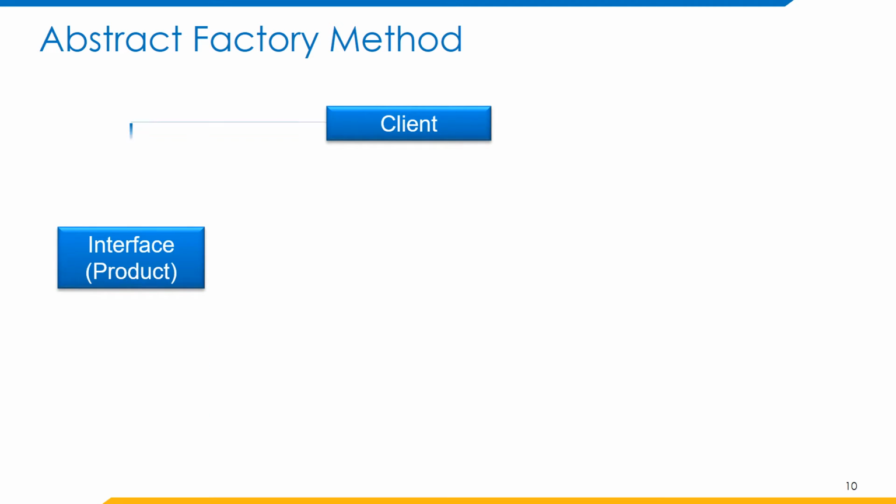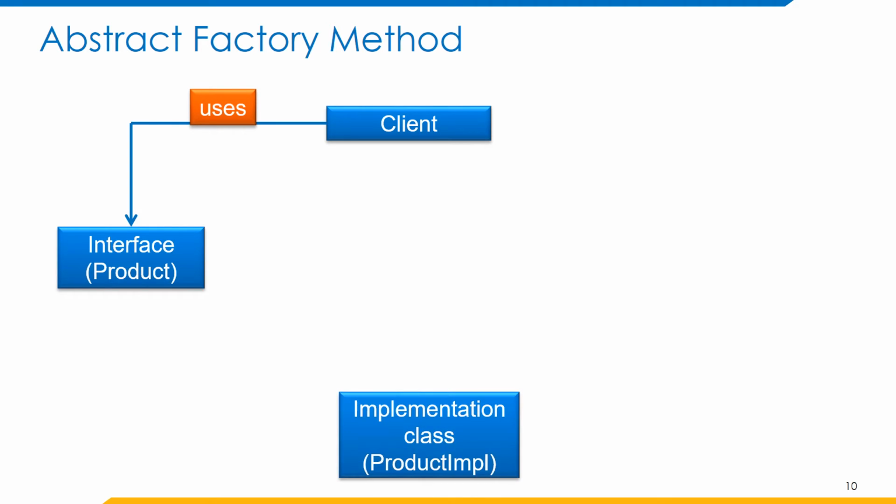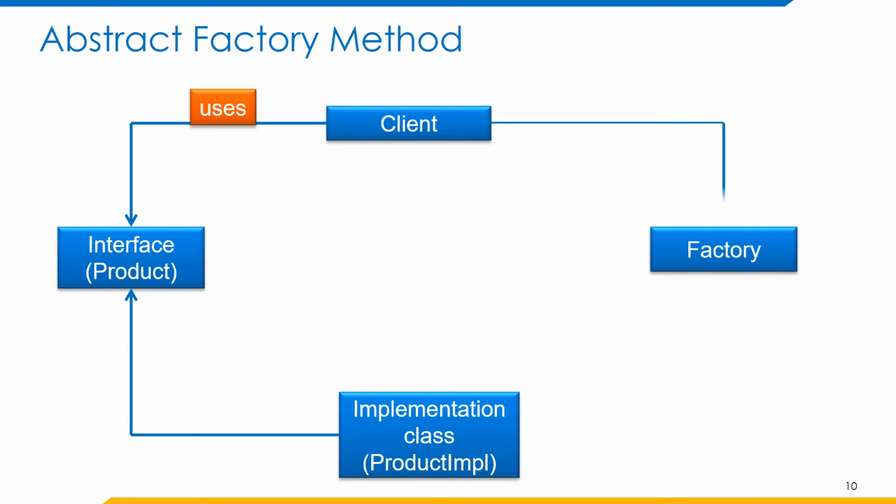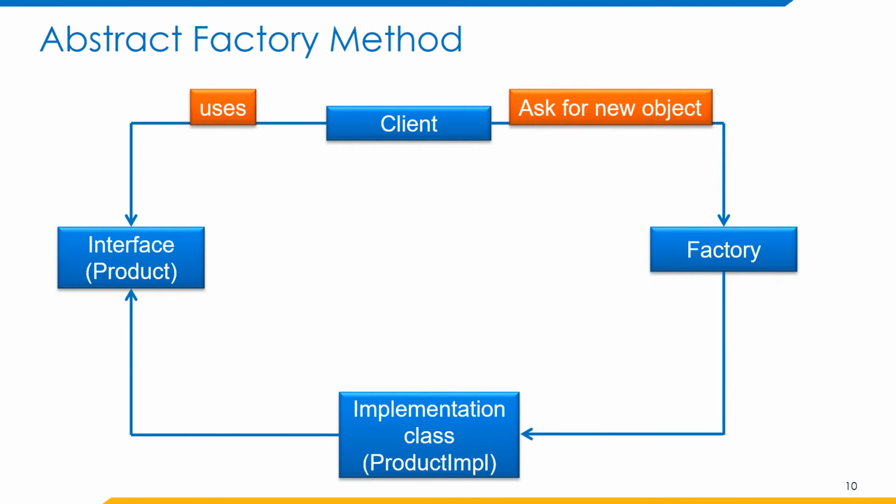So we can say that it's a factory of factories. The scenario is that the client needs an object of an implementation class of an interface called product, so it will call the factory method, and this factory method internally calls another factory method, which will create the object and return it to the client.